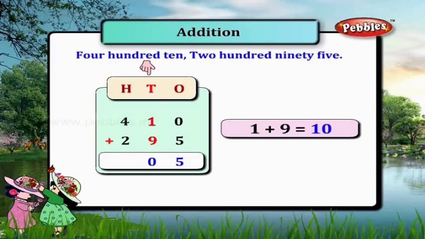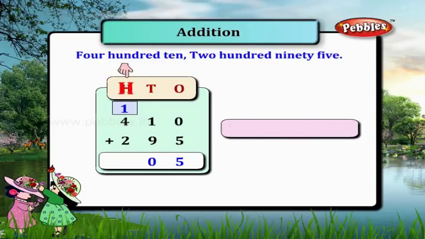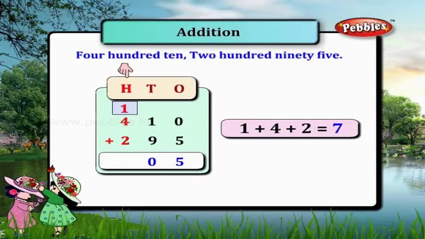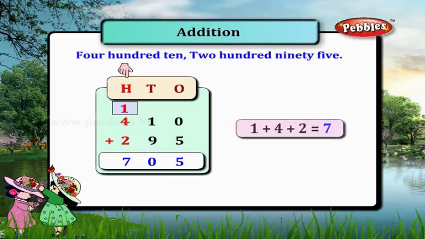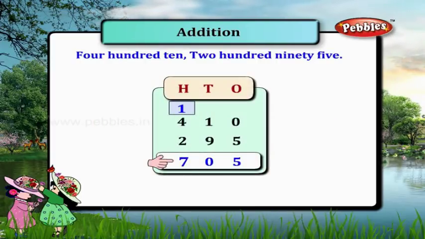Write 0 in the tens column and carry over 1 to the hundreds column. Add hundreds. 1 plus 4 plus 2 is equal to 7. The total is 705.